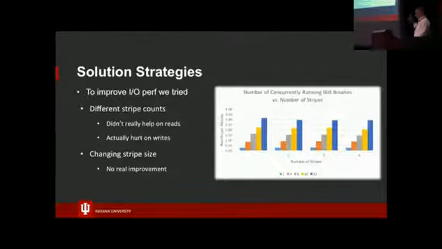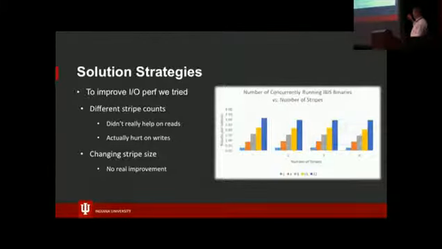So here I just have a plot that shows some of the tests that we did with multiple numbers of stripes and different numbers of processes running concurrently. So basically MPI, the number of processes for the MPI code.